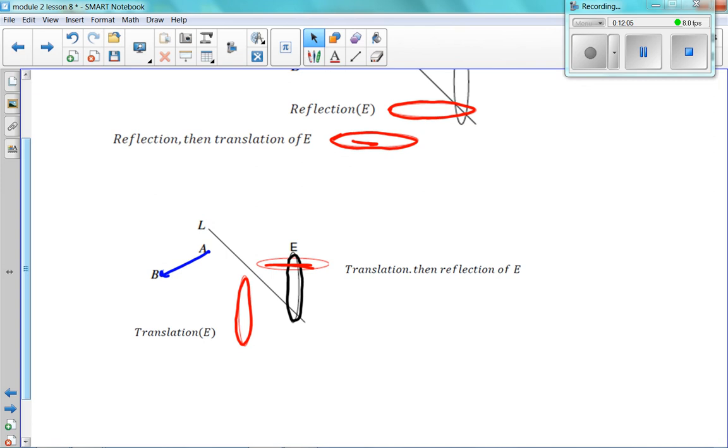So they are not in the same place. So it should be clear now that the order in which the rigid motions are performed does matter. In this case, it does matter. So therefore, a translation followed by a reflection and a reflection followed by a translation are not equal. You don't get the same result.